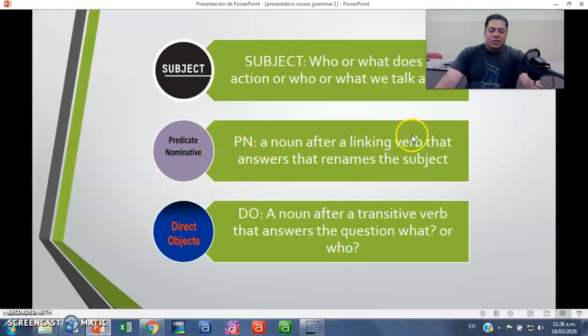And the predicate nominative, you know how we find a predicate nominative? We know that a predicate nominative requires a linking verb, right?